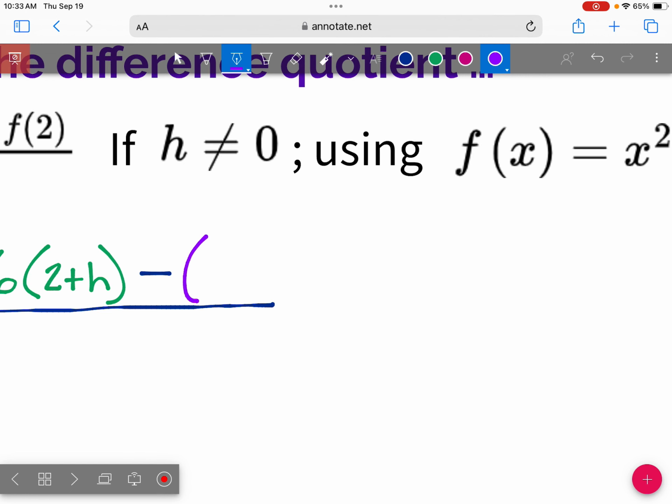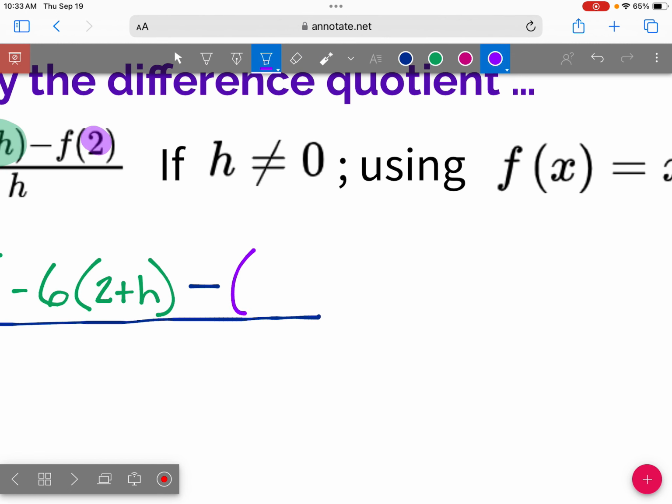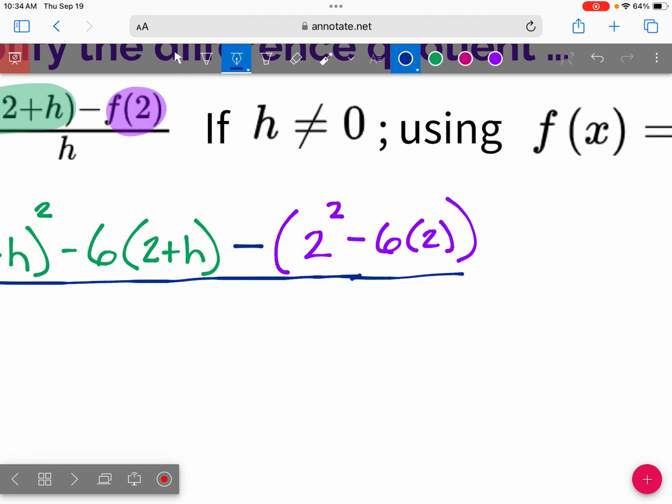So I'm going to substitute the whole thing in. F of 2 is 2 squared minus 6 times 2. It's a substitution thing, and it's all over h.